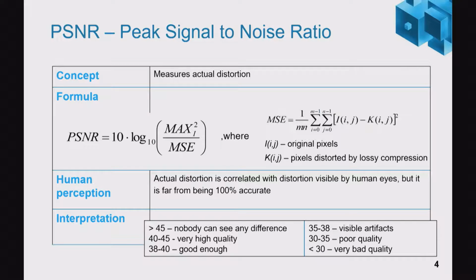The simplest and most often used metric is PSNR. Actually, this is the pure difference between two videos, between two frames.